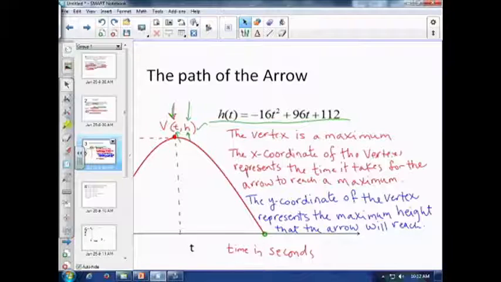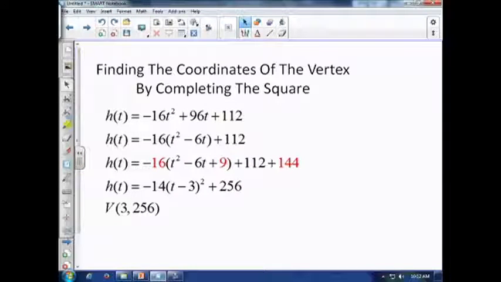So let's look at how we do that by completing the square. So basically, we're going to find the coordinates of the vertex by completing the square. We start with the original quadratic function. And to complete the square, what we do is first isolate the first two terms, and then factor out the leading coefficient from the first two terms, only the leading coefficient.